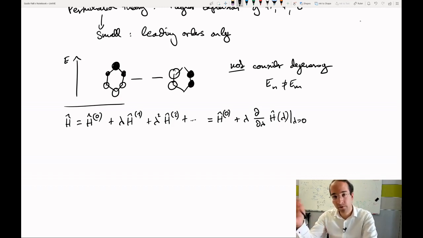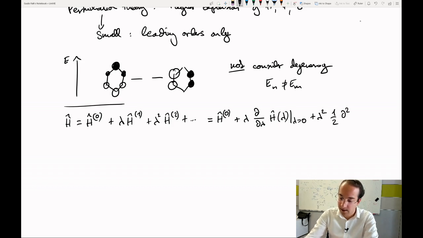So that was what we had before, this point that you only need the information at lambda equals 0. And then in the Taylor expansion picture, you would also get the lambda squared expression, but there's a prefactor of 1/2 in there, which will come from the second derivative of the Hamiltonian of lambda at lambda equals 0, and then higher order terms.